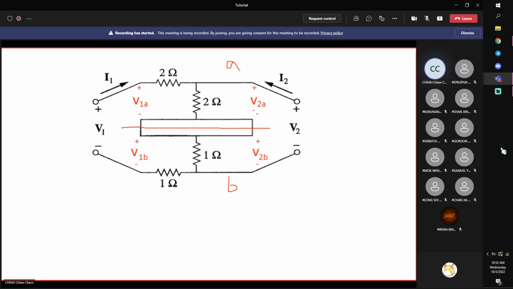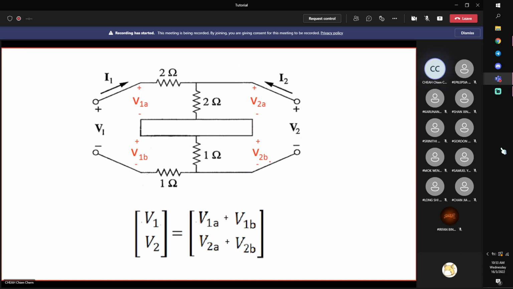Same thing, V1, V2, except that I add another notation A to differentiate between A circuits and B circuits. So for B circuits, V1B, V2B. Here, you can see how V1 is related to V1A and V1B: just add them up. V1 is this voltage plus this voltage, and V2 over here is this voltage plus this voltage.